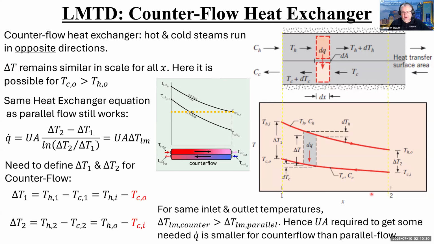You can see that in this figure: distance along the heat exchanger on the x-axis and temperature on the y-axis. Here's the cold stream and here's the hot stream, and as you would expect, the hot stream is getting colder and the cold stream is getting hotter.